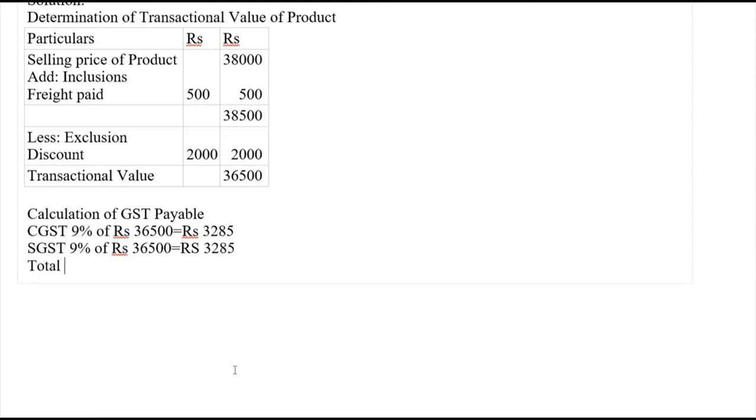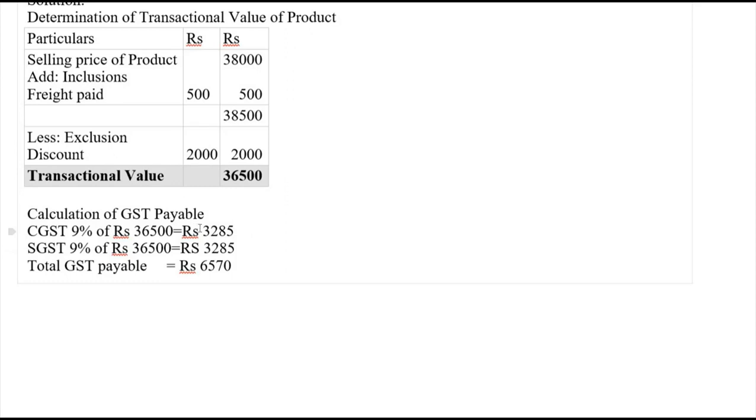So the total GST payable equals rupees 3,285 plus 3,285, that comes to rupees 6,570. So these are all very simple problems here.